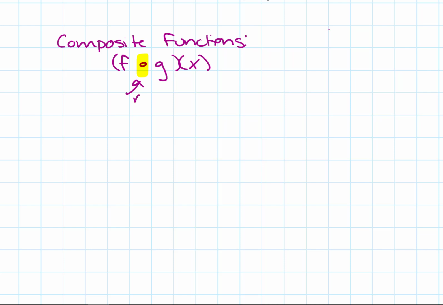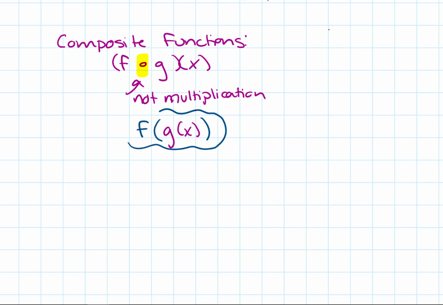This is not a multiplication. So what this means is that we have one function that's actually inside of the other function. So this is another way of writing the composite function.